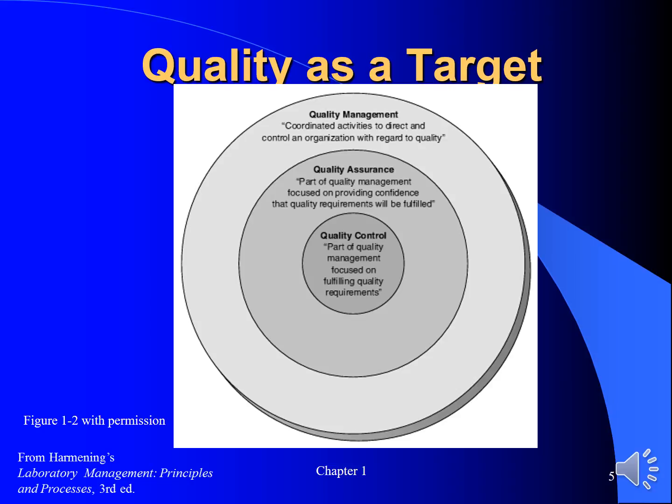QA is a set of planned actions to provide confidence that processes other than testing that influence the quality of the laboratory's results and reports are working as expected, individually and collectively. A quality management system is the outermost ring of the target, which encompasses all the management activities needed to ensure that the laboratory's workflow proceeds smoothly to provide laboratory services to customers and patients.